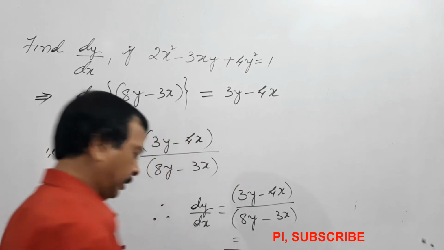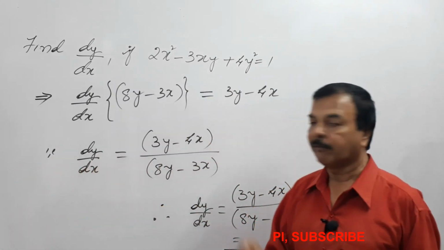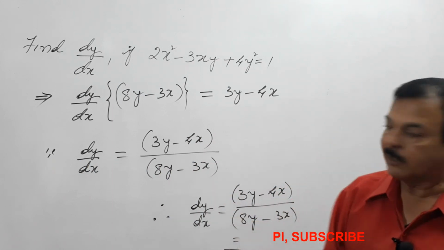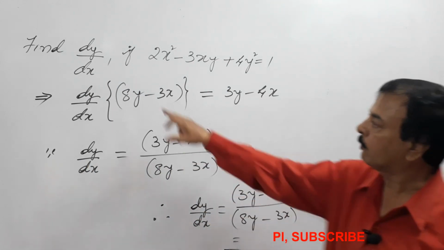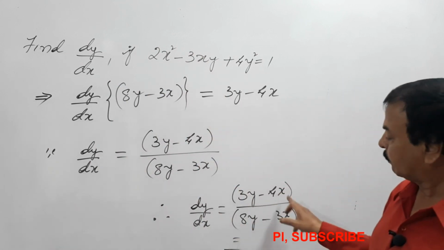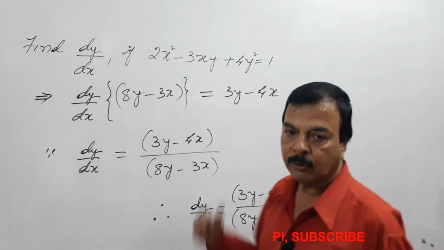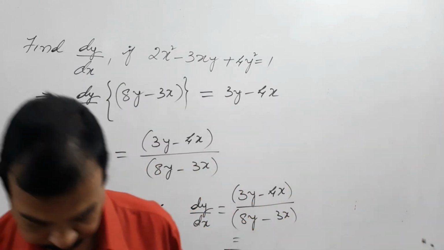This is the answer. This is the way you should solve problems on implicit functions. So he has asked you to find dy by dx, so therefore dy by dx equals 3y minus 4x by 8y minus 3x. This is the required answer. So let's go for the second problem.